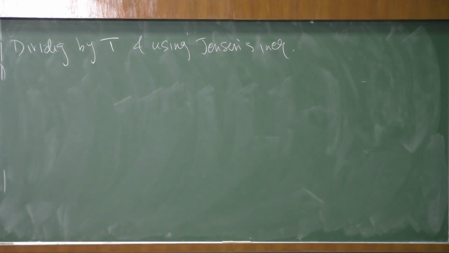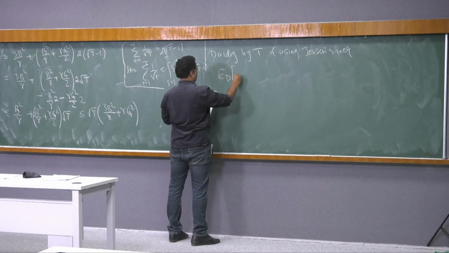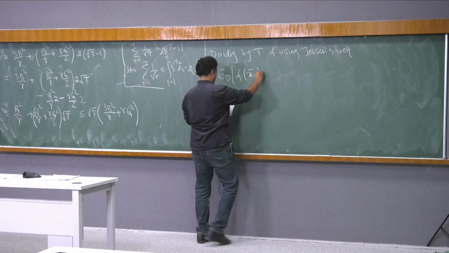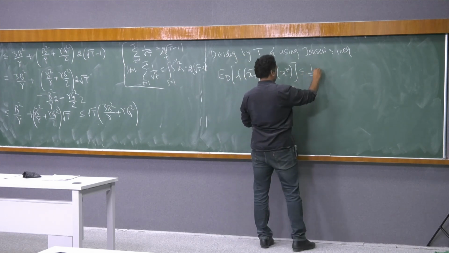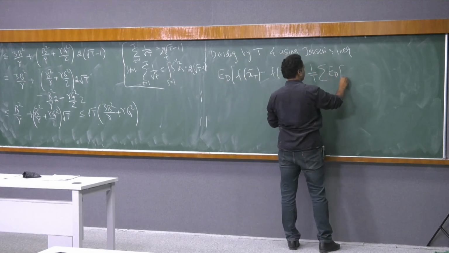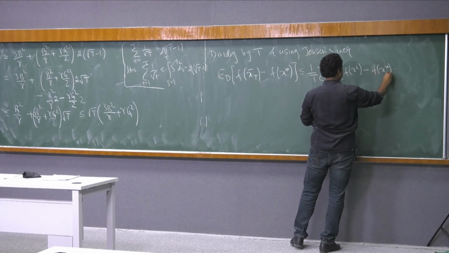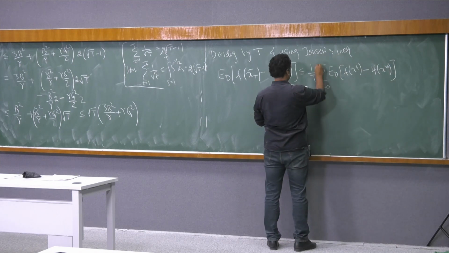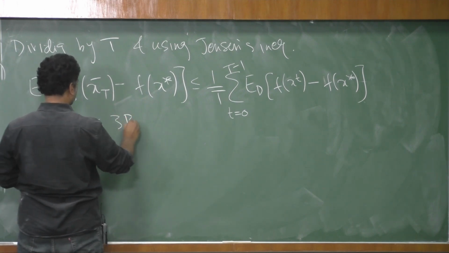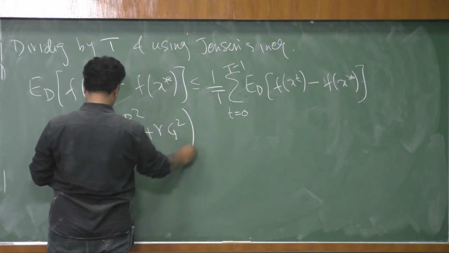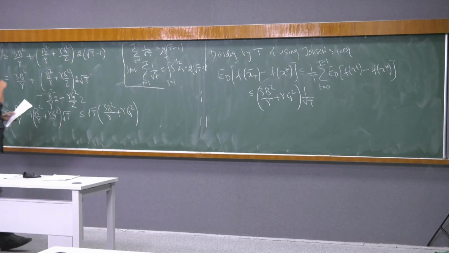So if we do that, then as we have seen a couple of times, this will lead to f of x bar T minus f of x star, and this is less than or equal to 1 by T, and then sum of expectation of f of x_t minus f of x star, and t equals 0 to capital T minus 1, and this is eventually less than or equal to 3b squared by gamma plus gamma g squared, and then 1 by square root of T. Okay, this is what we have proved.